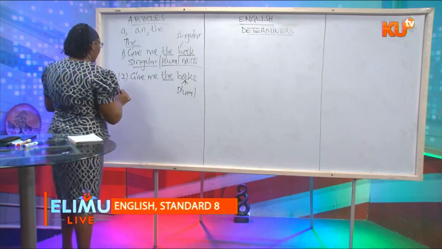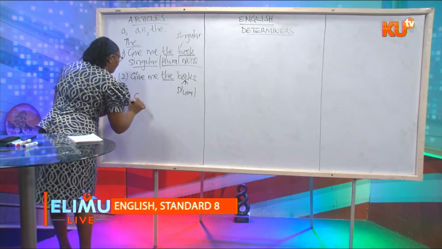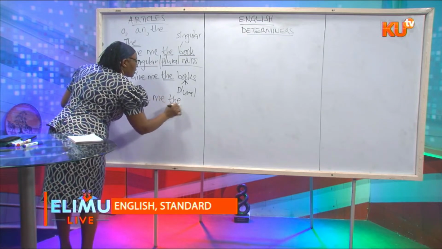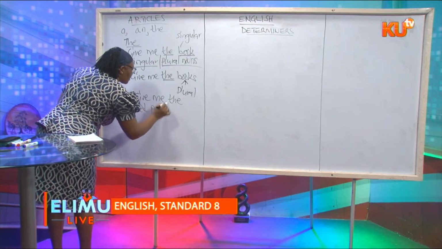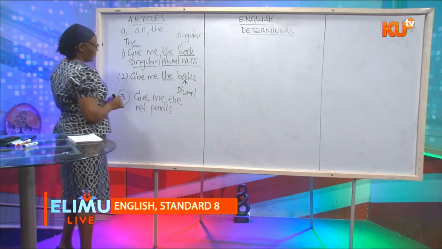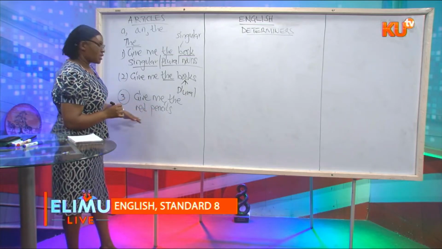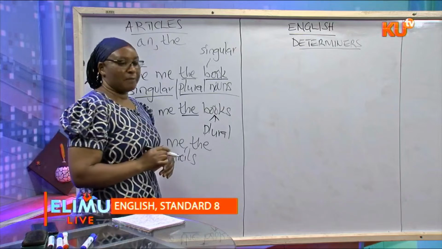I can give another example. Example 3. Give me the red pencils. This one is specific, only talking about a specific color, that is the red pencils, not any other pencil.